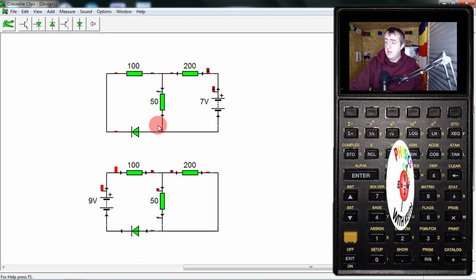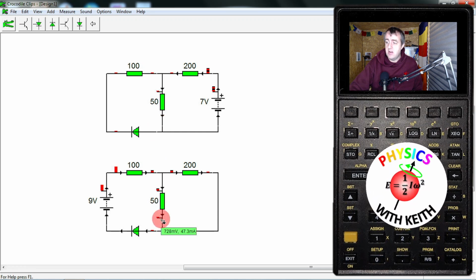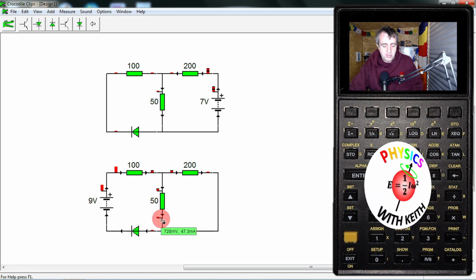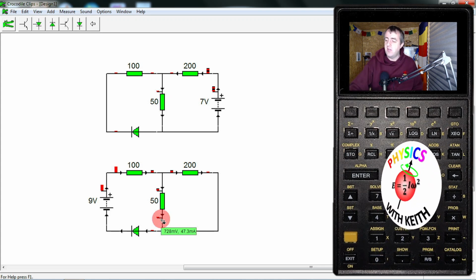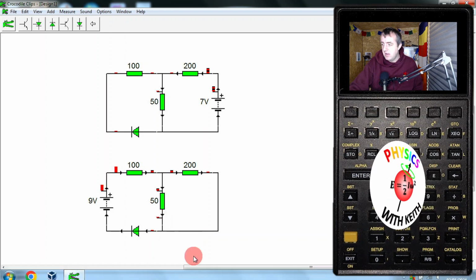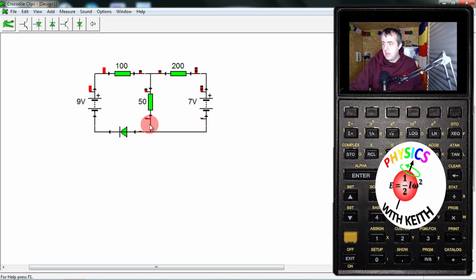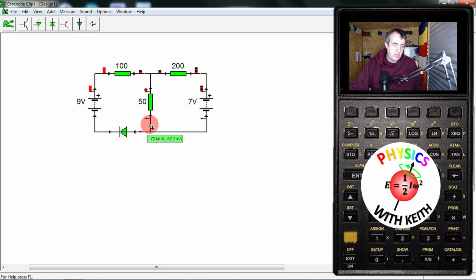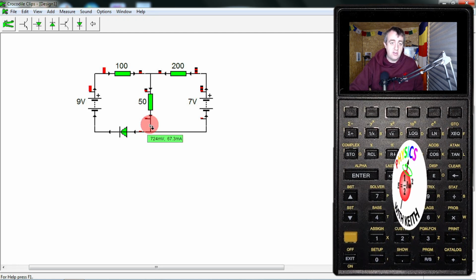And here I've got 28. Here I've got 47.3. Well, 28 plus 47.3 is 75.3 milliamps. Well, that is not the same as 67.3. They're different numbers. And that's why superposition doesn't work with non-linear components.